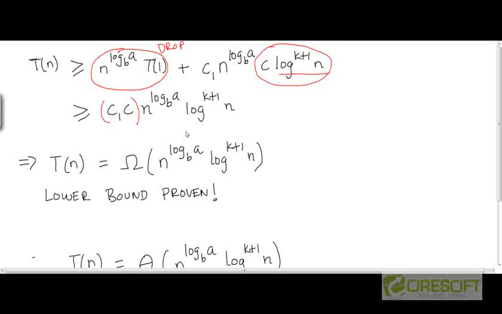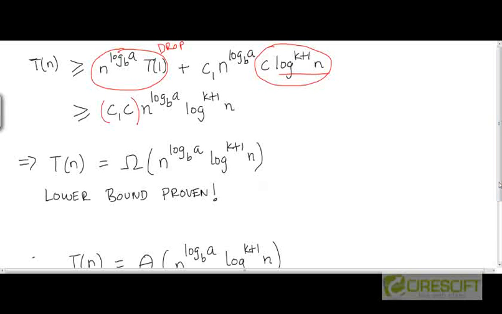This means that we have proven that T of n is in big omega of n to the power log base b of a times log to the power k plus 1 of n. So we have proven that this function is also a lower bound on T of n. That is, T of n is bounded from below by a constant multiple of this function.